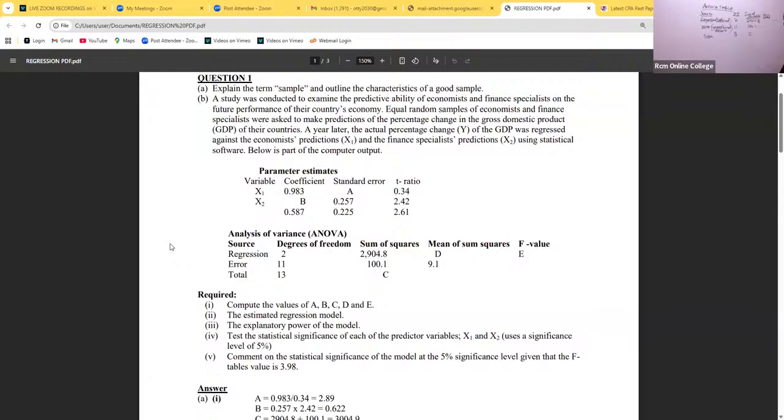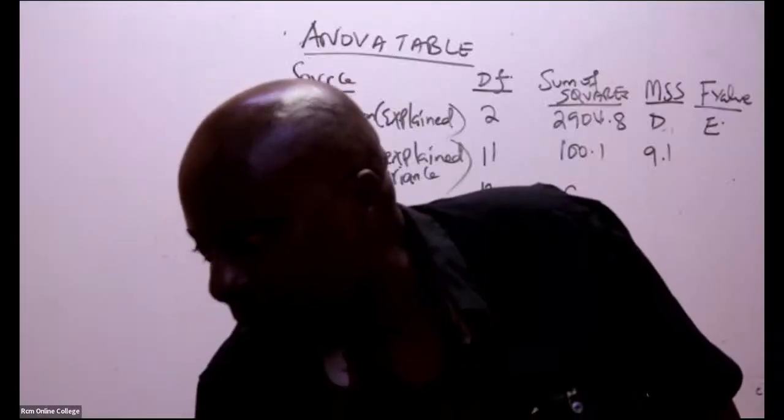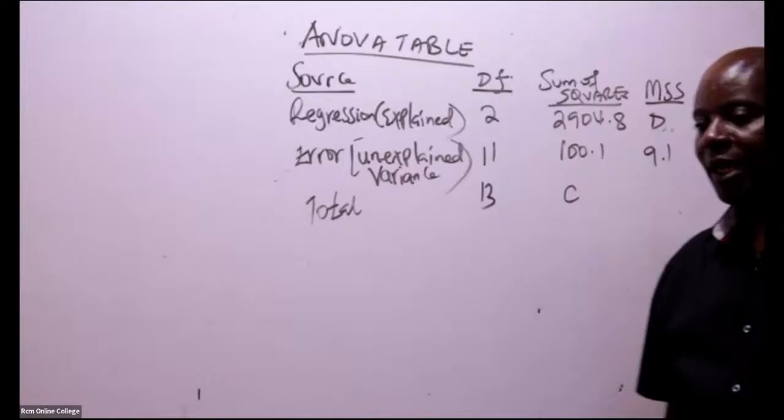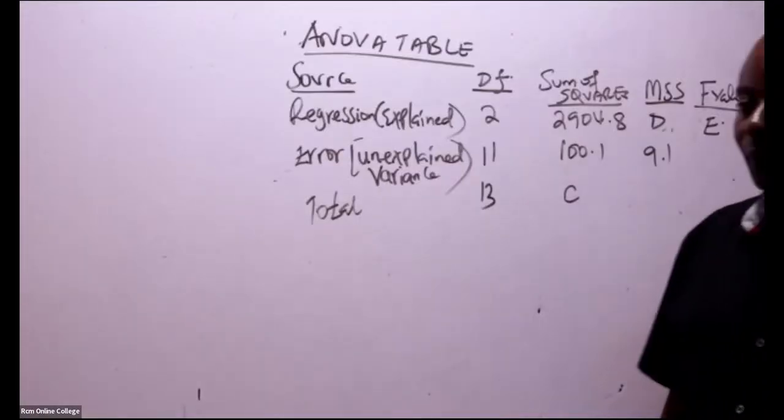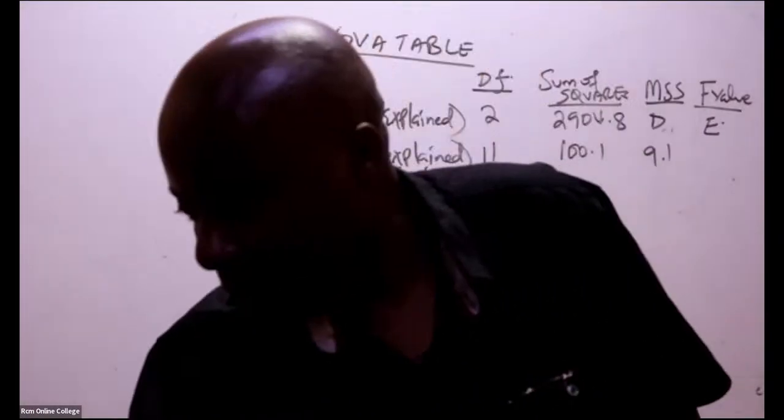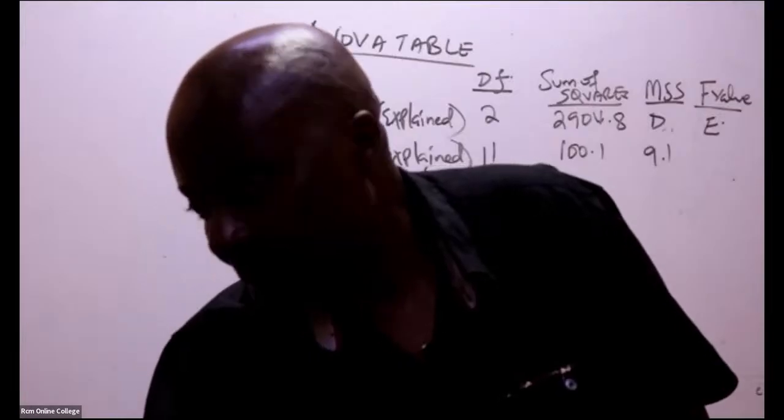For the mean sum of squares, I can see D, and then I can see 9.1, and then the F value, where I can see an E there. So first of all, let's put down this ANOVA table, and once you finish writing it, please mention there, yes, we are okay. Yeah, people have been able to confirm.